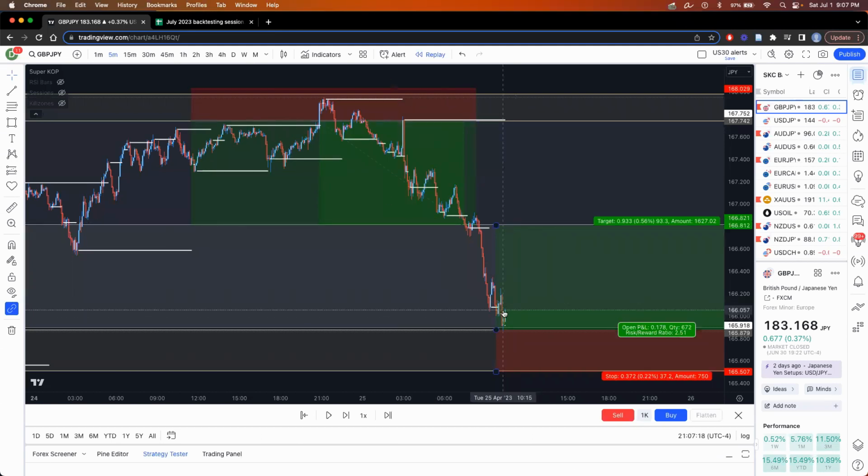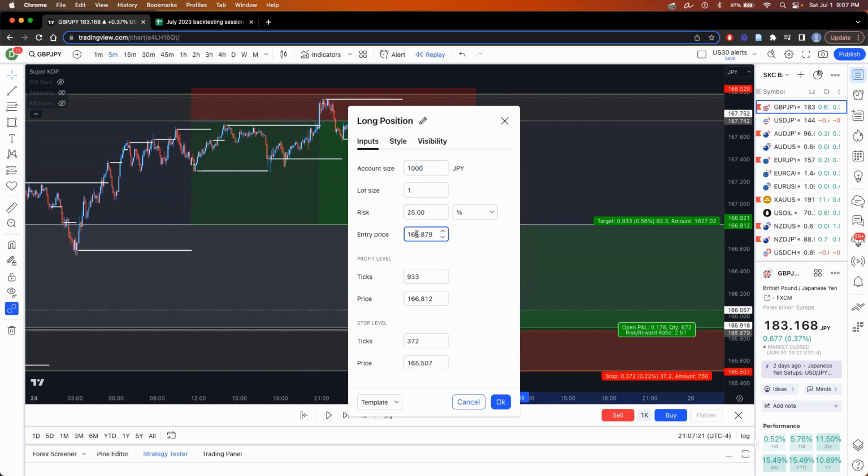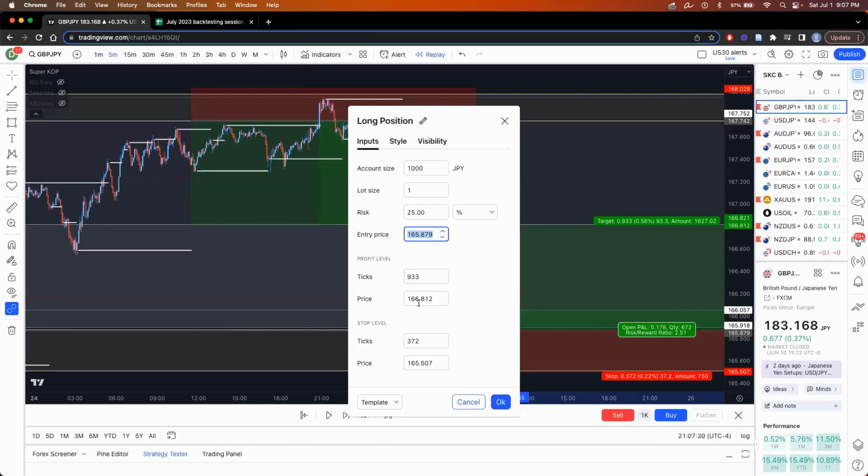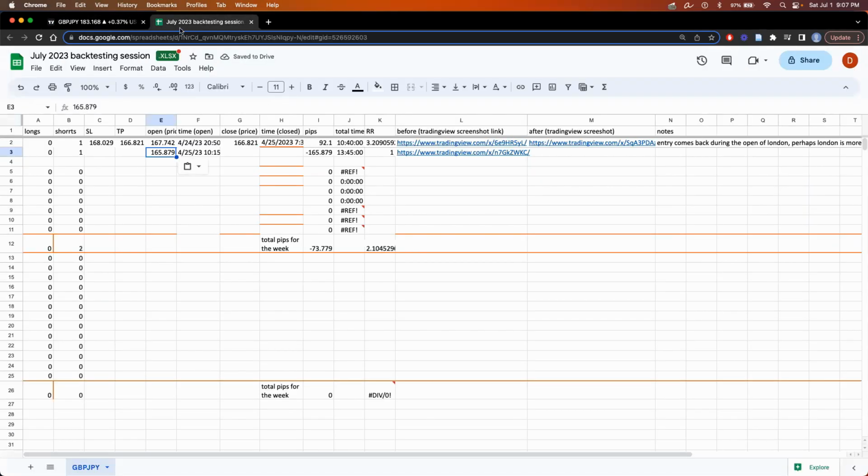So let's see what this trade would be. Entry price. Take profit.